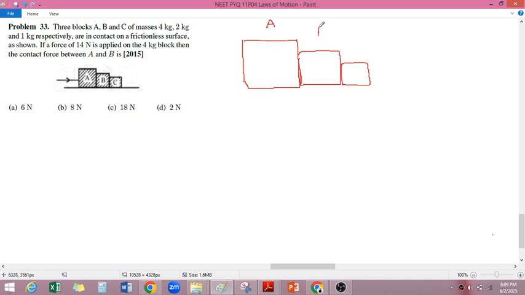So A, B, C, 4 kg. We don't have space here, so I'm going to write it here. 4 kg, 2 kg, 1 kg. I said no friction on the table, so I don't have to worry about the friction. 14 Newton is acting this way.